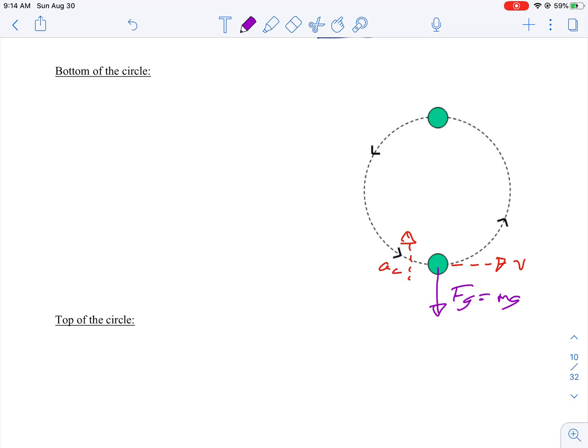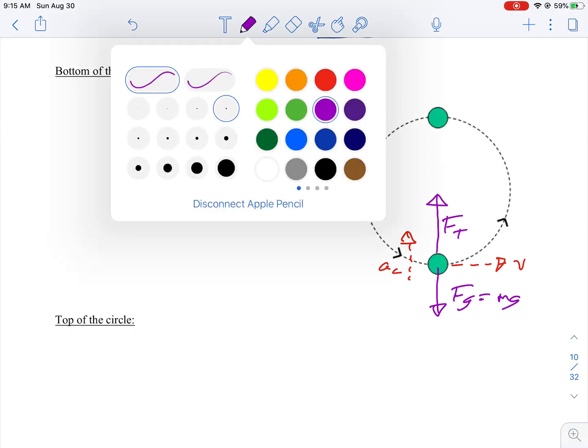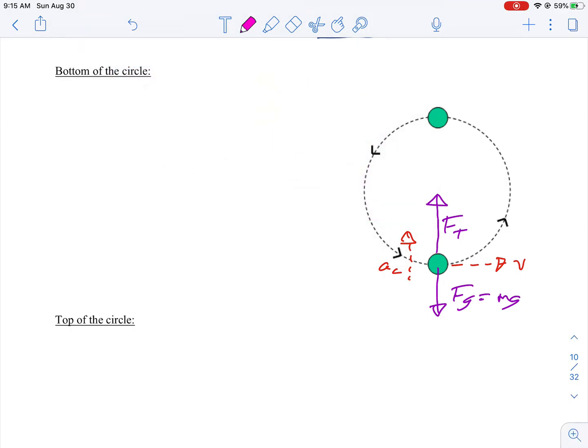In fact, a very large one. Here's your upward force called Ft. So there's our force diagram at the bottom of the circle. If we establish a reference system, remember we always choose the direction of the acceleration as your positive direction. So down here, this would be your positive direction going upward.